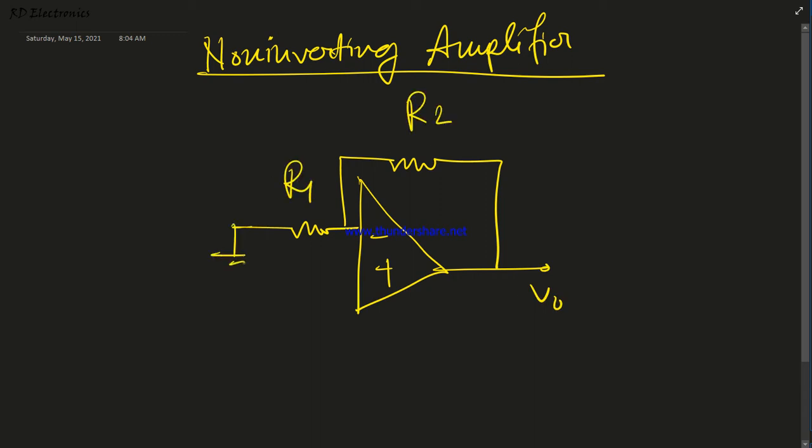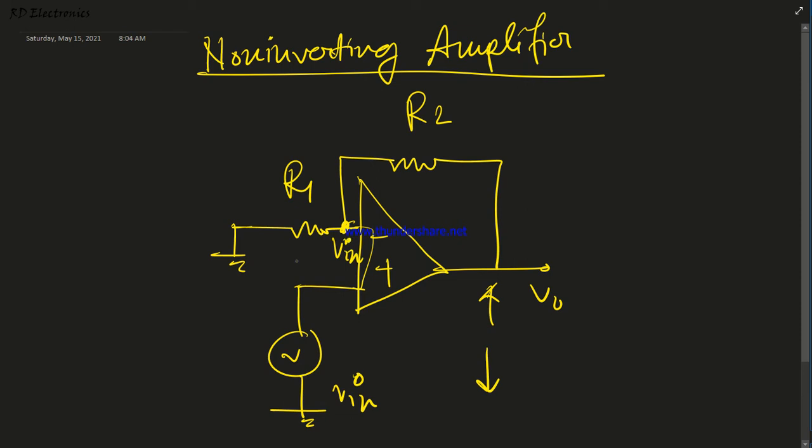First of all, this is the circuit diagram of the non-inverting amplifier, and here we apply our input voltage, and this is the output. Now this input voltage, due to the short circuit of this terminal, appears at this point as V input, because this terminal is basically short circuited according to virtual short.